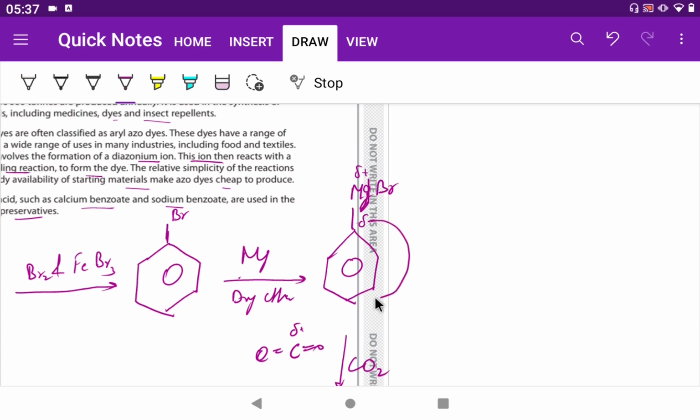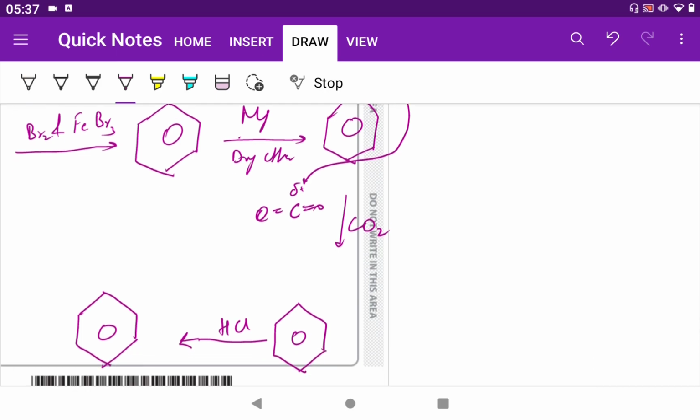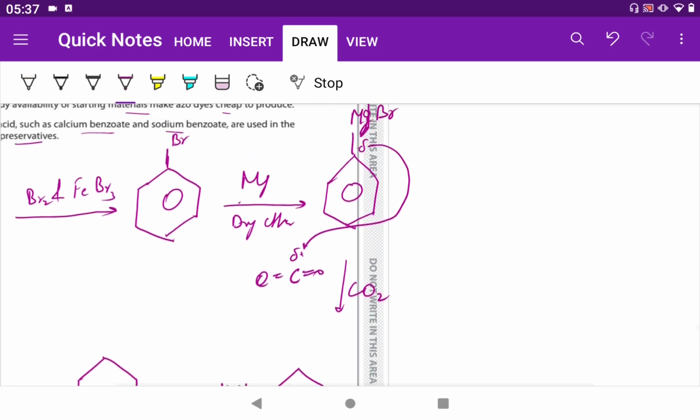Okay, this will attack on this carbon, and a compound will be formed like this.